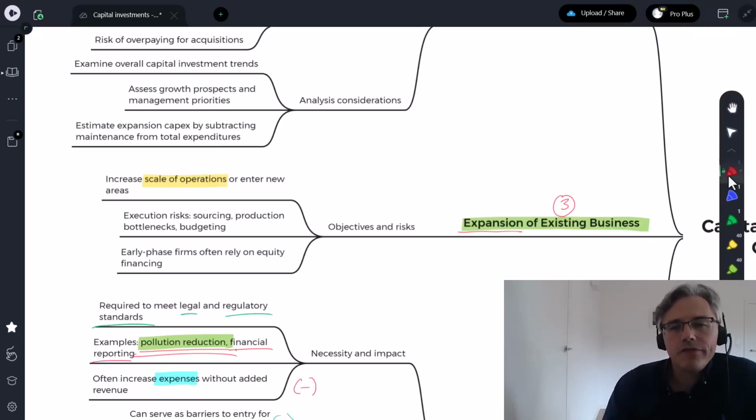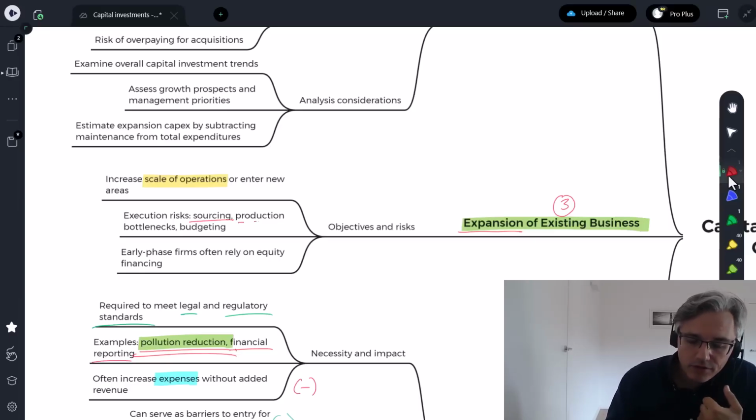So things like, where are you going to get the additional inputs from? Where are you going to source the additional raw material, for example? Where are you going to get the labor from? What about production bottlenecks, right? Can you budget properly for all of this stuff?